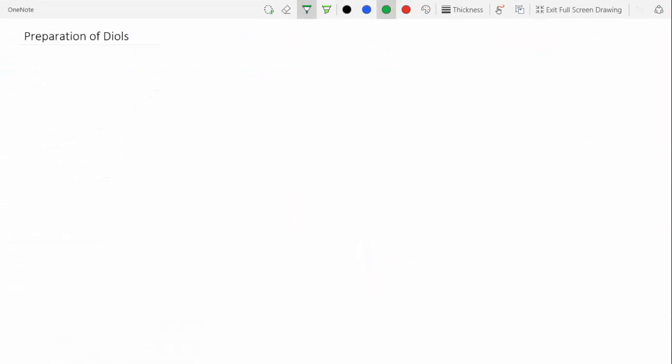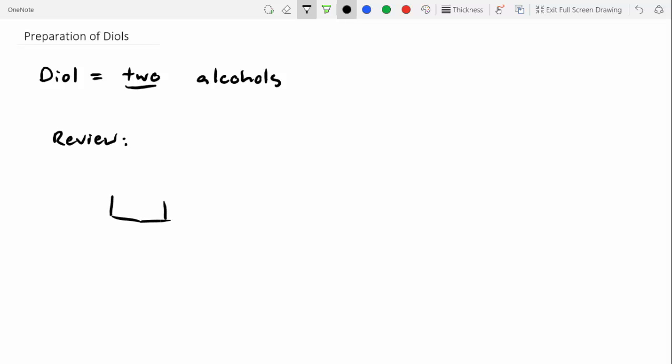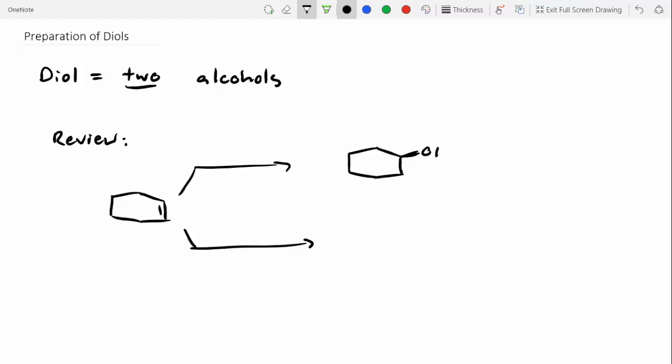But let's go to the section on diols really quick. Diol is just short for something with 2 alcohols. And we've already reviewed a little bit on this, but I just wanted to reiterate that we already know 2 methods of making diols. We've got one where we can make cis diols, or syn-diols, I should say.